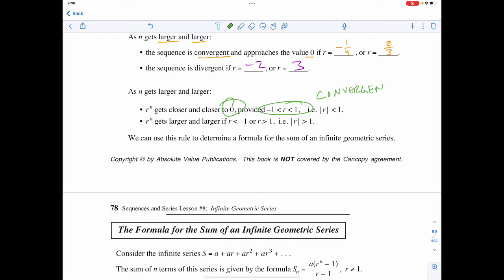And it is going to have an infinite sum. If it is smaller than -1 or larger than +1, it is divergent. And we can't actually solve it.